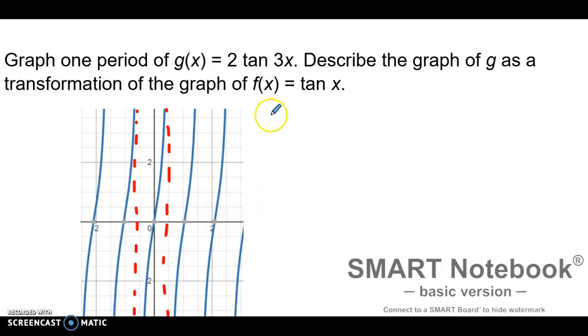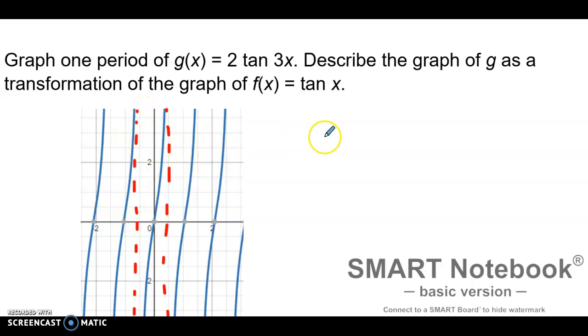So this shows that the amplitude has been stretched. So instead of just going up to here, it is now going up to here. The asymptotes are closer together. So there's an asymptote right here and here.